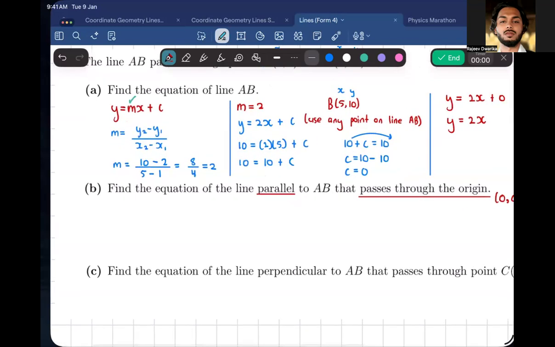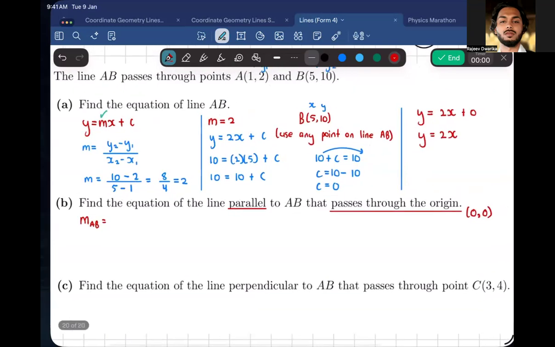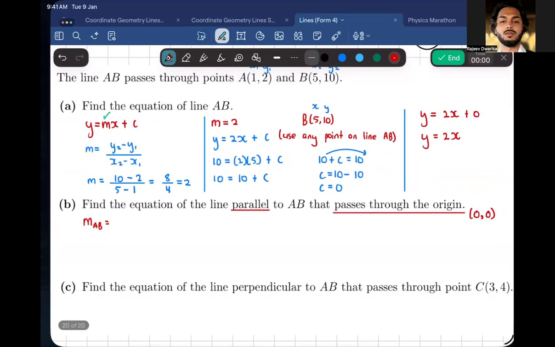Okay, let's see if we could figure this one out. What was the gradient of AB? So the gradient of AB was what? Is it in a prior question? Vanessa? Yeah.